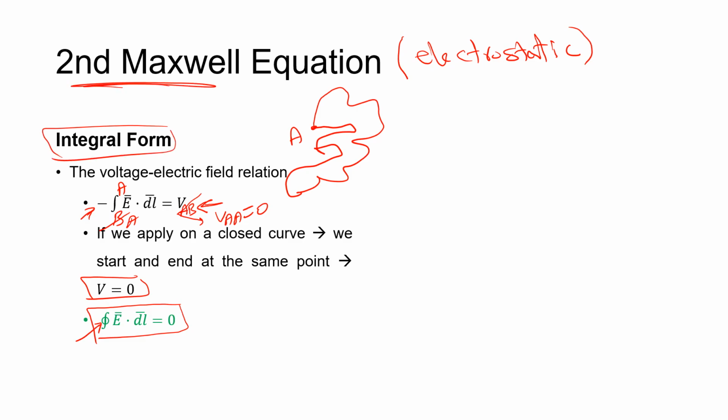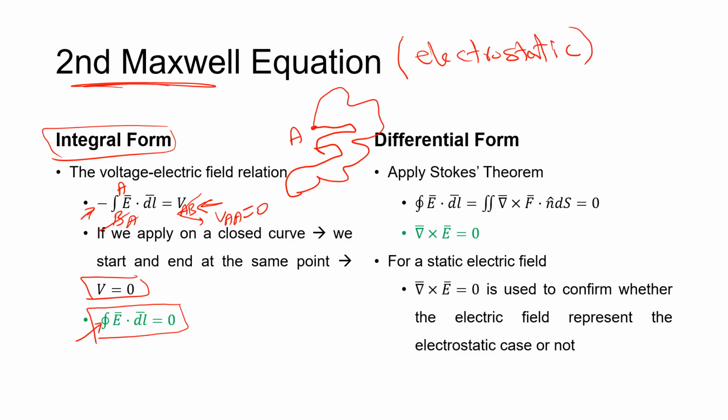To derive the differential form, we apply the Stokes theorem, which we have just learned. We have E dot dl over a closed curve equal to the integral over the surface of the curl of E dot dn, and at the end this equals 0, as we have proved here.